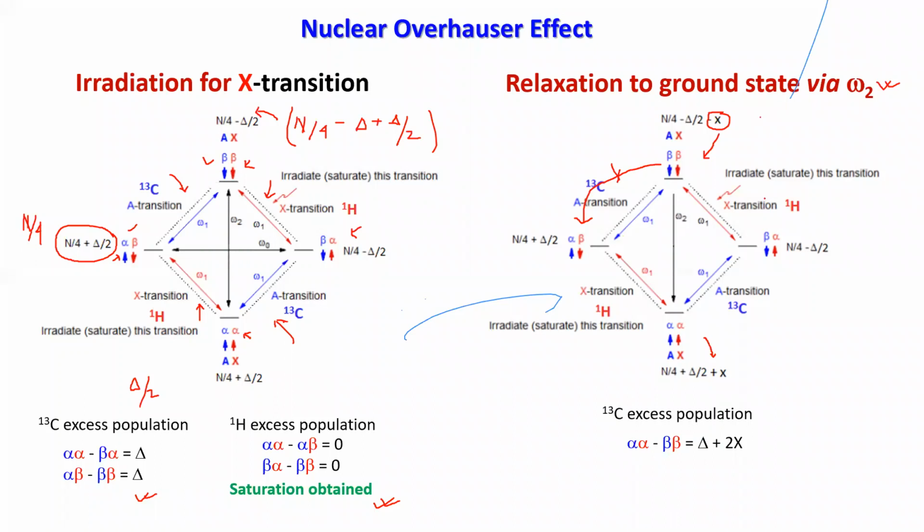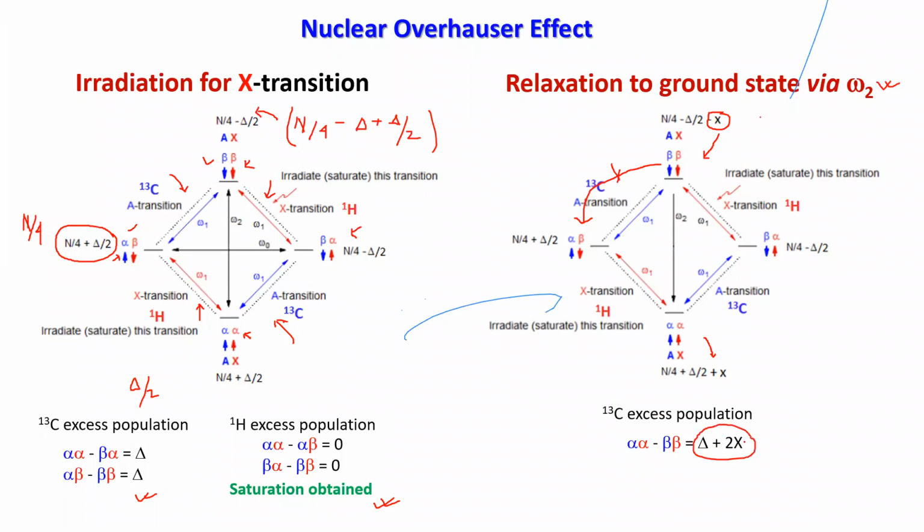If you subtract that population, this is N by 4 plus del by 2 plus x minus N by 4. So N by 4 is omitted, so plus del by 2. Now del by 2 becomes del, and minus x becomes plus x, if you just subtract, you will get this value.